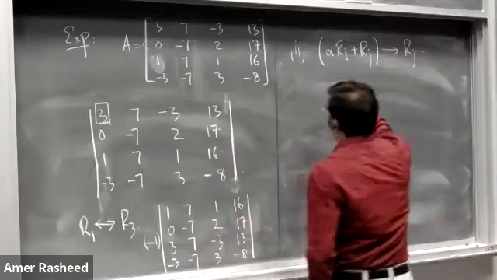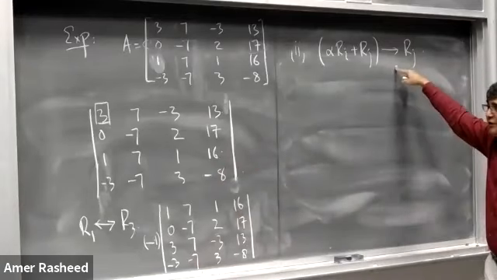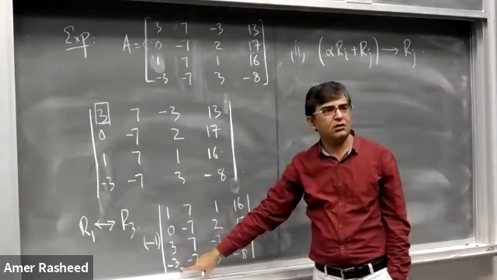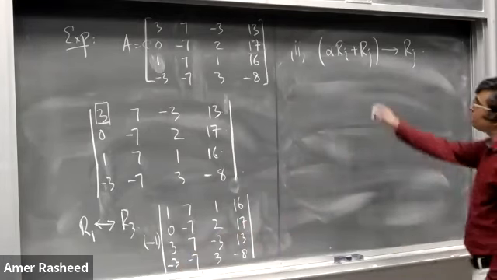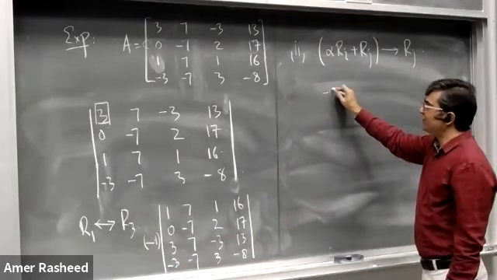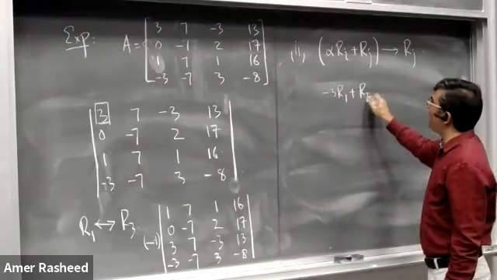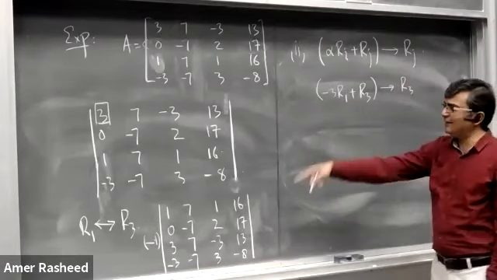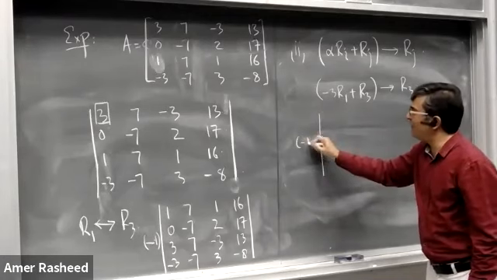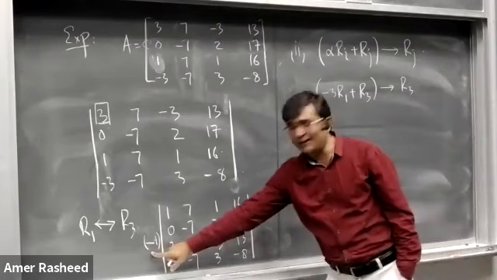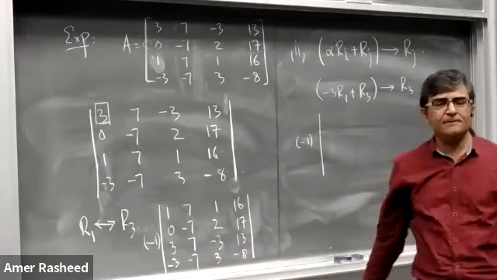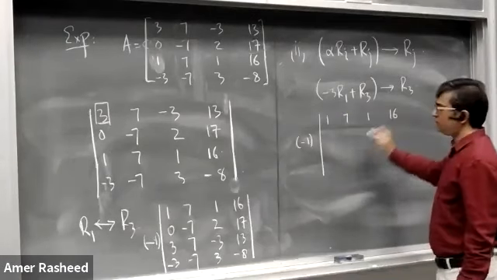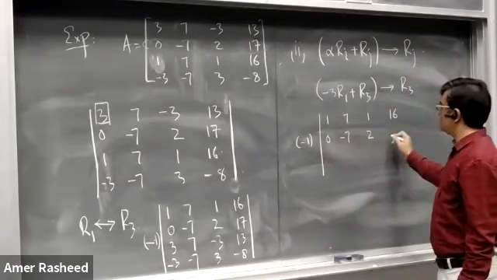Now we are going to apply this elementary row operation for determinants, and I'm going to make this one 0 and this one 0. What operations do we need here? -3R1 plus R3, and R3 is going to change. After applying this operation, -1 remains here because you have to take this negative sign along with that determinant. Now, first row will remain same. 0, -7, 2, 17.